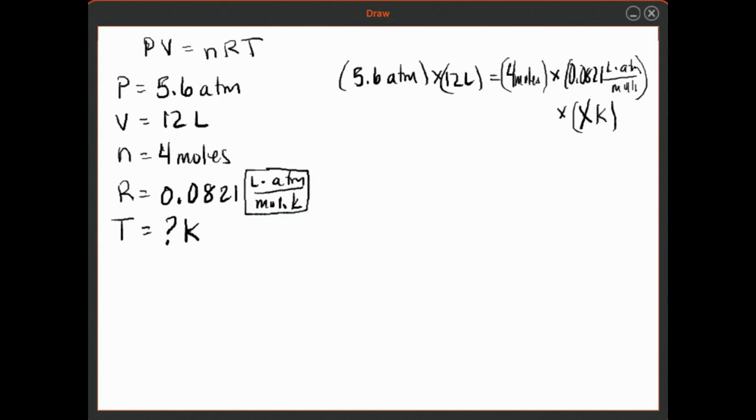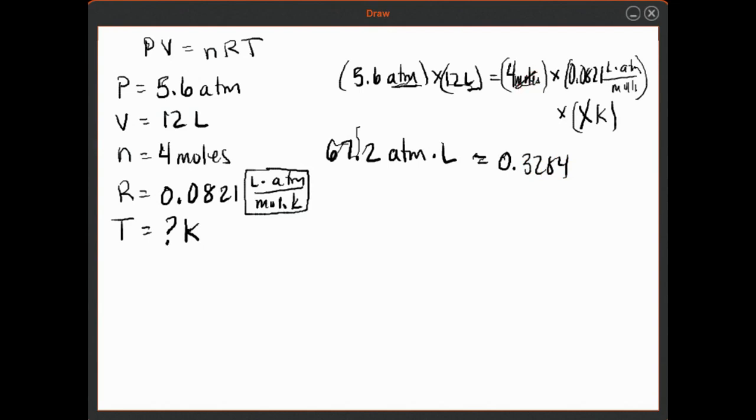So 5.6 times 12 liters gives us 67.2, and the unit here is going to be atmospheres times liters because that's what we did, right? We multiplied the two units. We're going to set that equal to now the 4 moles times 0.0821. That gives us 0.3284.